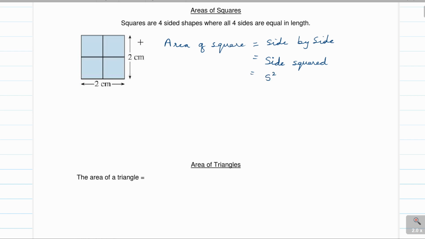Your area here is still the capital letter A. Now here we have this side. As you could see, all the sides in a square are the same length. So the area here is side squared or side multiplied by side. In this case, it is 2 centimeters multiplied by 2 centimeters, which will give me 4 centimeters squared.